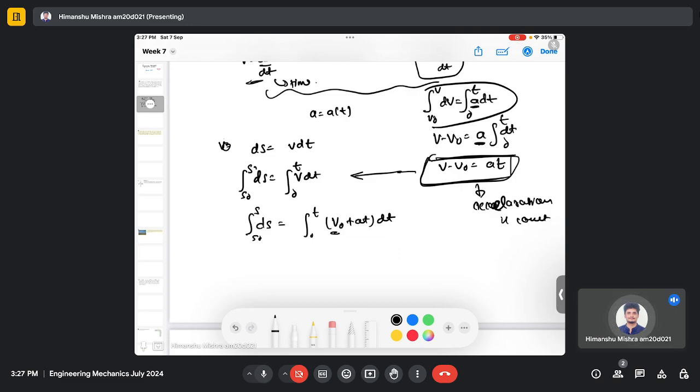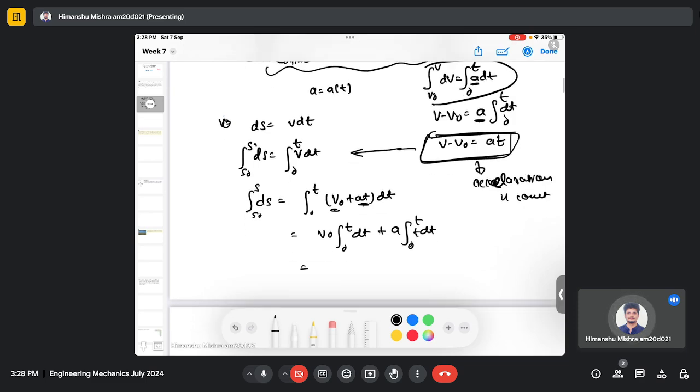Here v0 is a constant, so we can pull it out of the integral, but this term is not. Here we can only pull out the acceleration because the acceleration is constant, but we need to integrate with respect to time here. So I can split this integral as v0 integral from 0 to t of dt plus a, which is outside, integral of t dt.